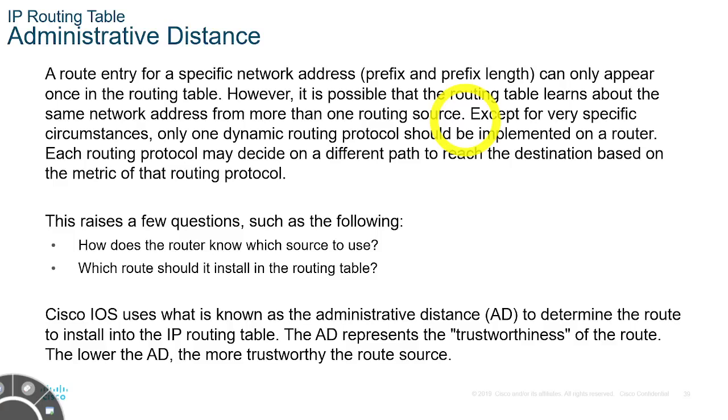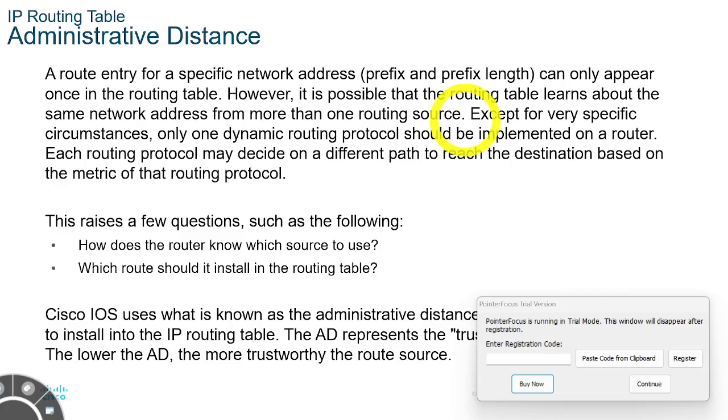In the routing table, because the router is connected to several interfaces, and different interfaces can use different algorithms or different routing protocols, and the routers can share information, it could be that a router has proposals for two or three paths to the same network within the routing table.